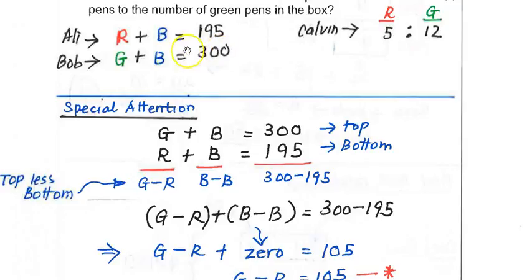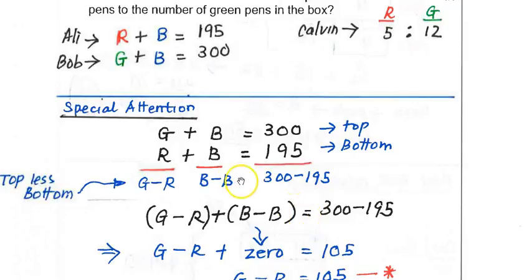Now this is the bigger equation, right? Bigger total. Now put this bigger total on top, and the smaller total at the bottom. Now take G minus R, B minus B, this is 0, okay? 300 minus 195, you get this.